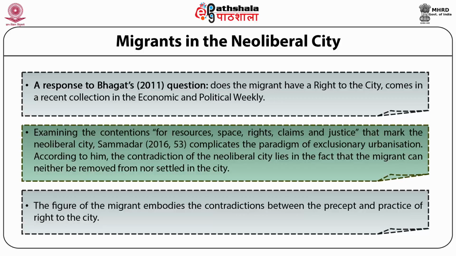As Samaddar asserts, the neoliberal city, in order to be a logistical hub, becomes an extraction site. The figure of the migrant embodies the contradictions between the precept and the practice of the right to the city.